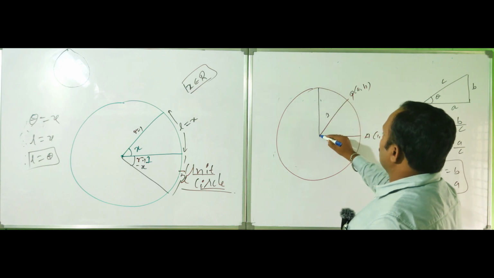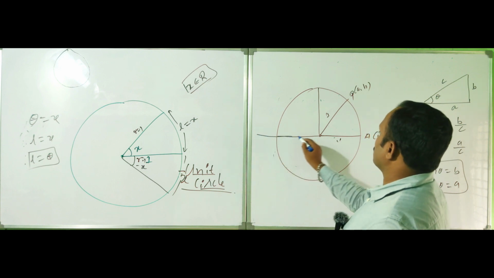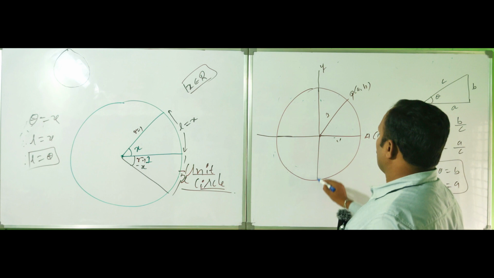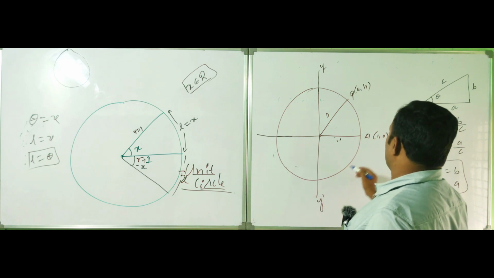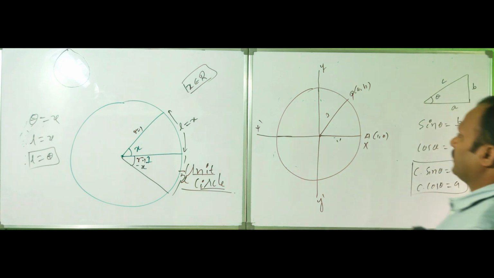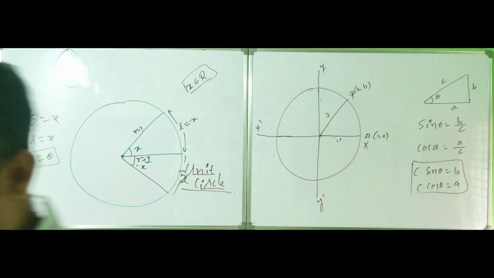I will also take the axes. This is the y axis, this is y dash, this is the x axis, this is x dash. This is the unit circle concept.